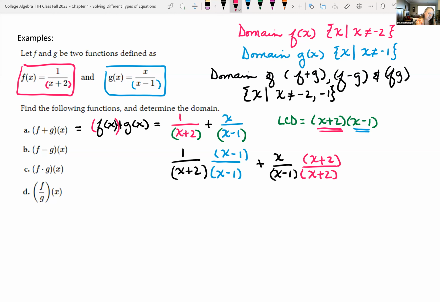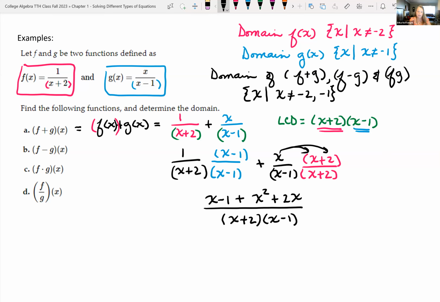So let's distribute in our numerator 1 times x minus 1. Well, that's just x minus 1. Plus, let's distribute in our second numerator. So distributing my x to the x plus 2, I would get x times x is x squared plus 2 times x is 2x. All over our least common denominator. Don't distribute the denominator. Leave it as x plus 2 times x minus 1.